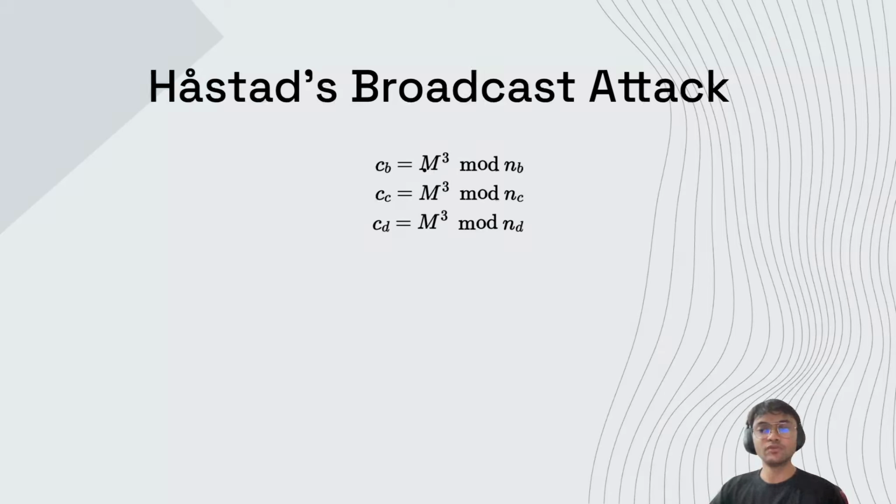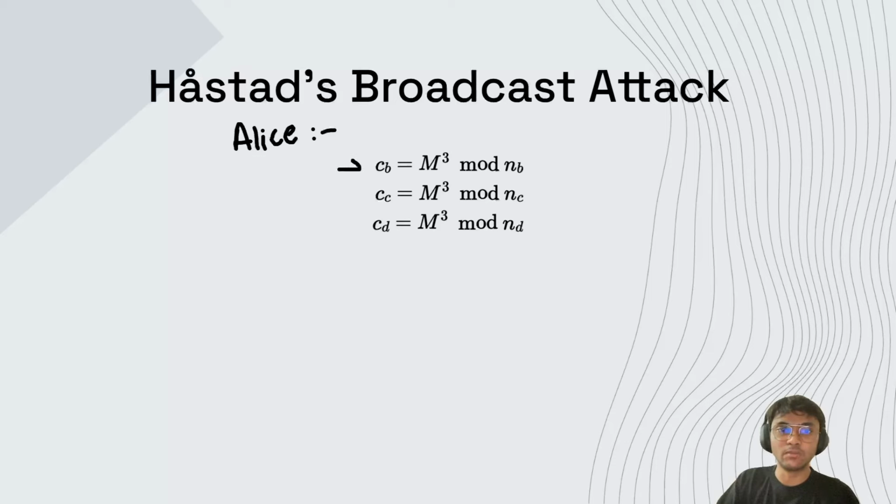To begin with, we are given three ciphertexts, or rather, Alice computes three different ciphertexts: C sub B, which is sent to Bob, C sub C, which is sent to Carol, and C sub D, which is sent to Dave.